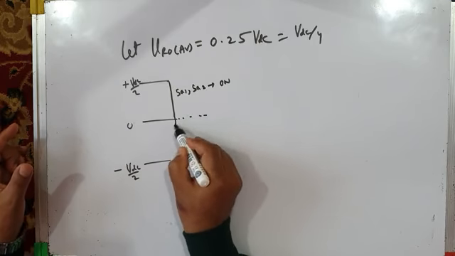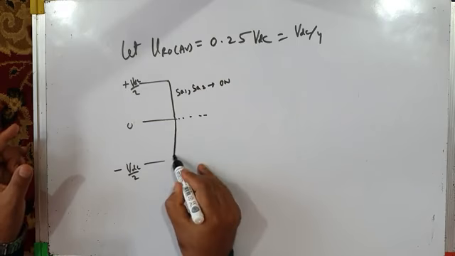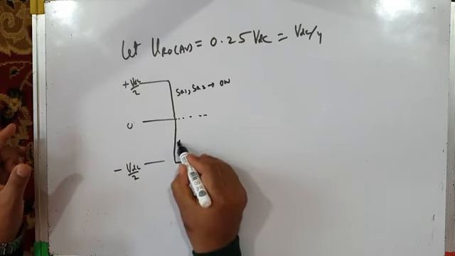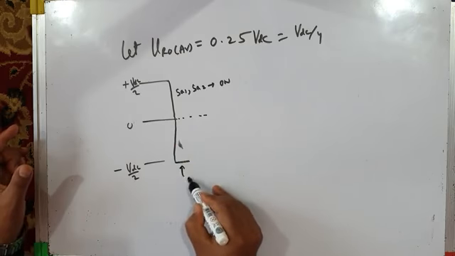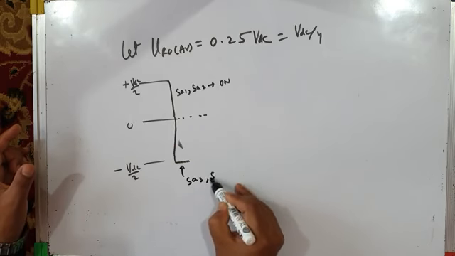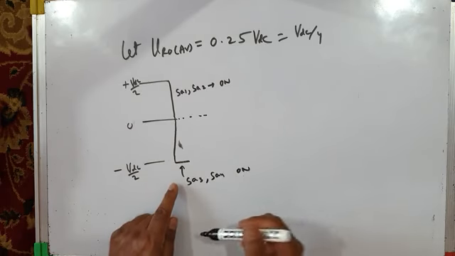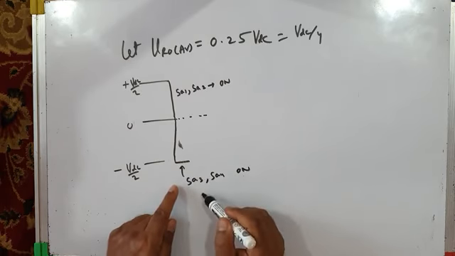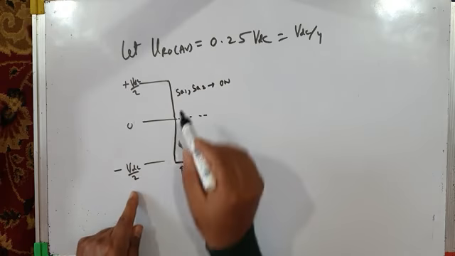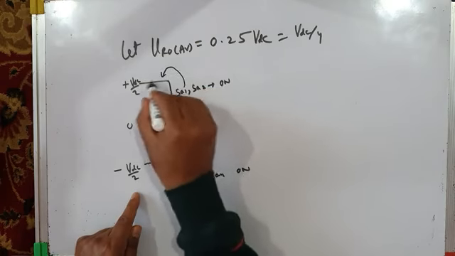And I will keep the bottom switches on for less time. So during this period, bottom switches SA3 and SA4 are on. When two bottom switches are on, as you have seen a few minutes back, the pole voltage is minus VDC by 2. And when two top switches are on, the pole voltage is plus VDC by 2.